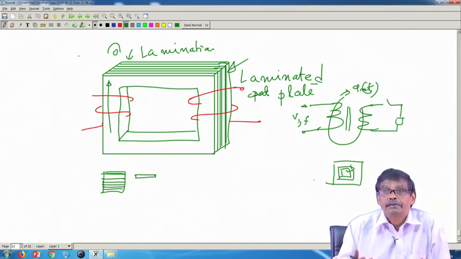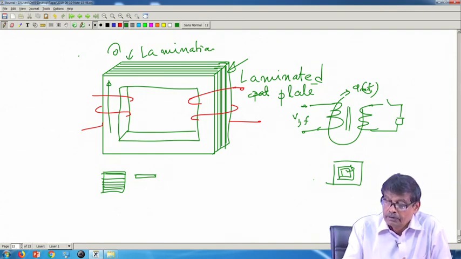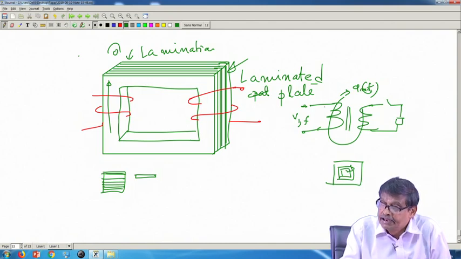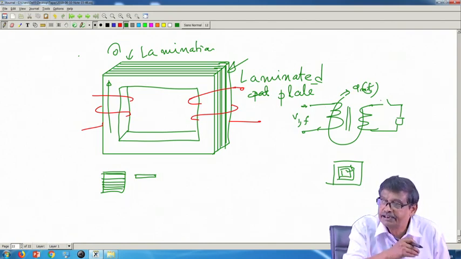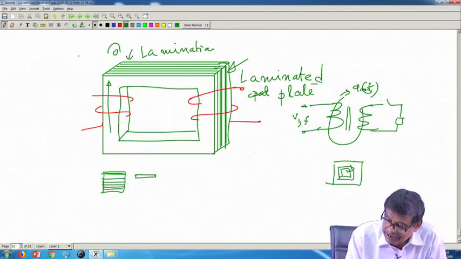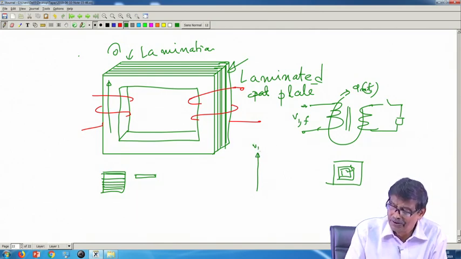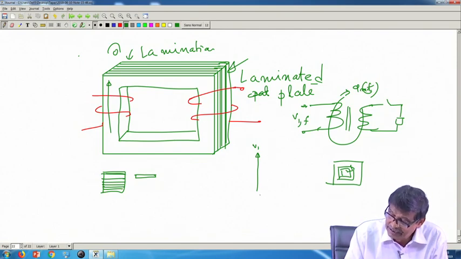But flux has to remain the same. Therefore, those tiny eddy currents too will have reflected current on the primary side. I mean, another way of looking at the thing. This is your voltage, okay? And suppose only eddy current I am showing, the flux will be around this point phi.